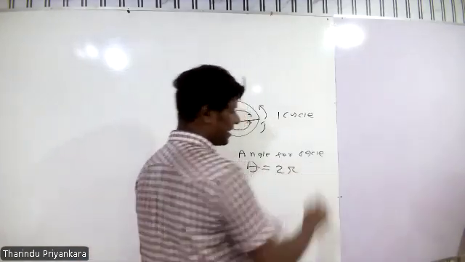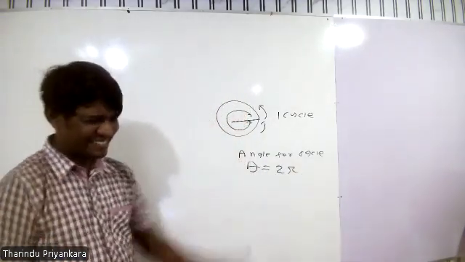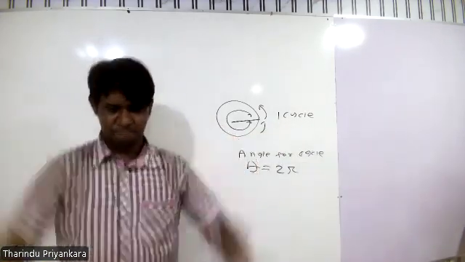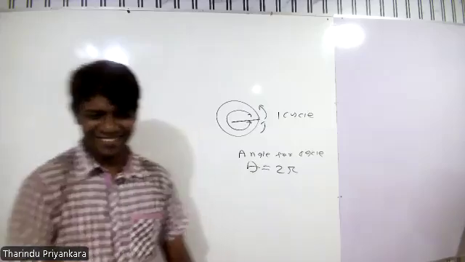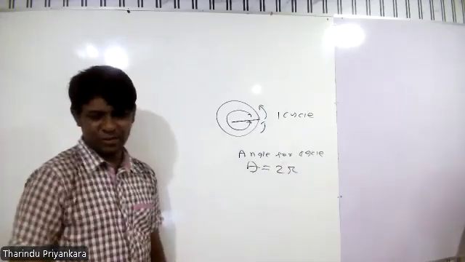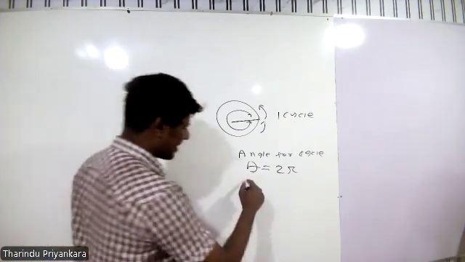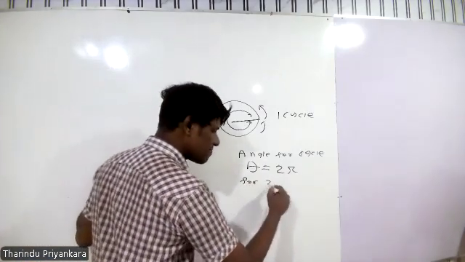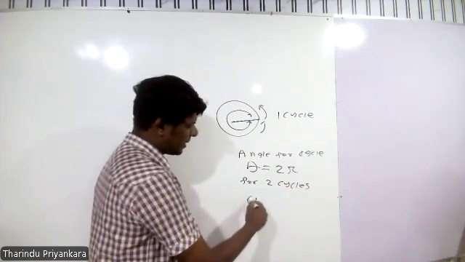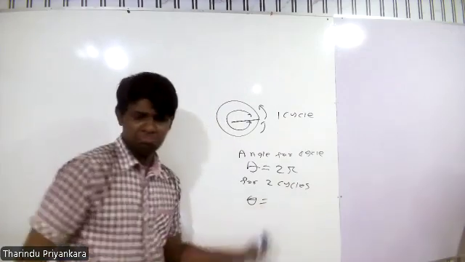In A level, you are not saying anything in degrees. Angle equals 2 pi for one cycle. For two cycles, theta equals?